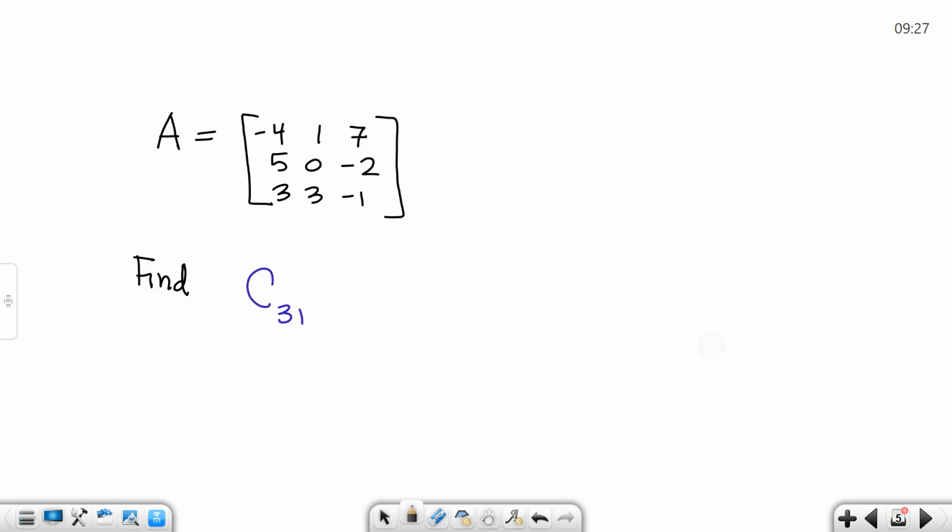Okay, so earlier I said we might have a little trick here. One of the tricks is remembering which one's row and column. So that's one of the little hiccups. The other one is a lot of people, when they do the cofactor, forget the sign. So remember the cofactor matrix formula? You don't have to write it, but it actually says do this. Okay, so that's what we're actually doing. So negative 1 to the 4 is positive 1, right?